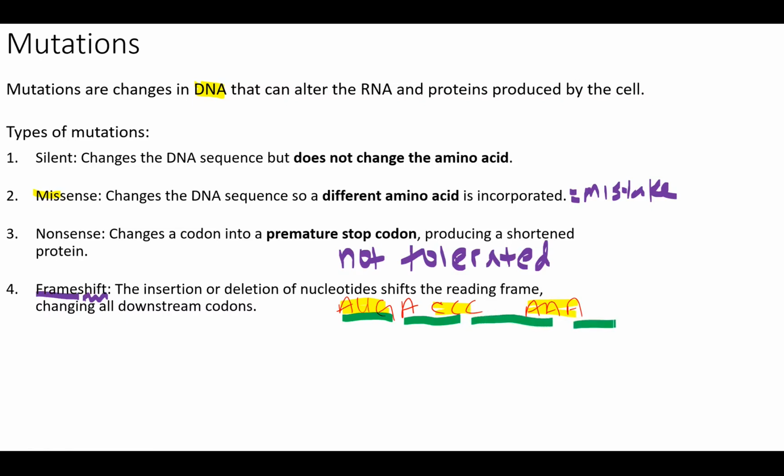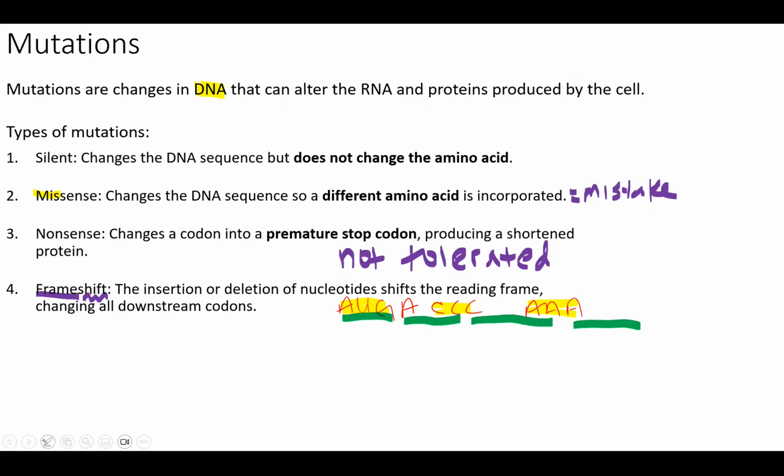And you can imagine as we move down, now all of the codons are different. Our reading frame shifted. The reading frame are the sets of three. Our sets of three have now shifted, and we're essentially going to build an entirely different protein, right? Because now all of our codons are different.